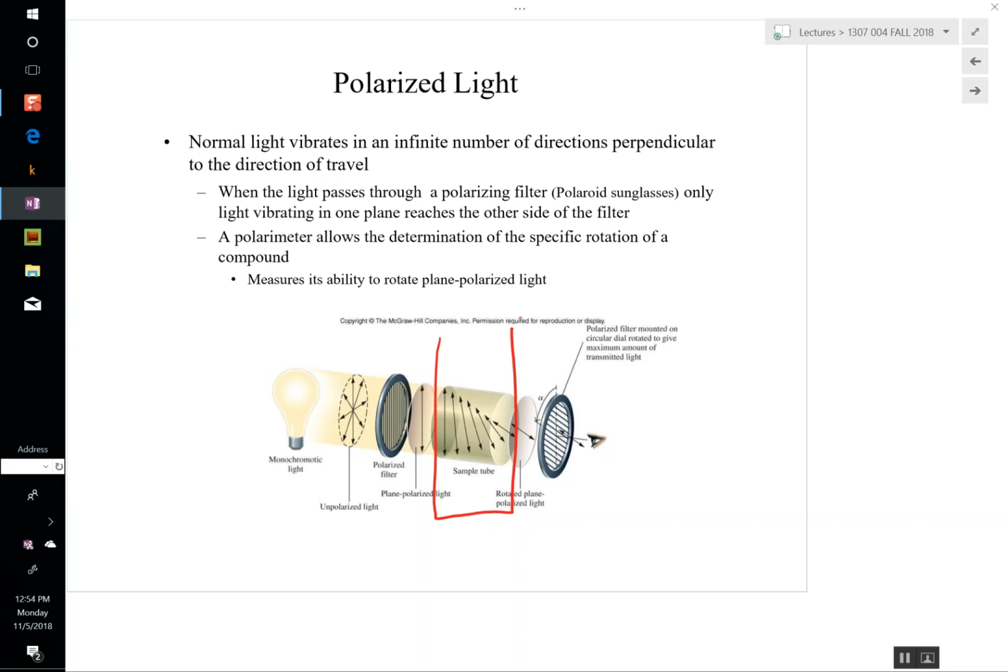It will block it all out except one orientation coming through. And if that light passes through your sample, D will rotate that polarized light in one direction, and L will rotate it in the other direction, and the polarimeter can pick that up and tell you what it is. But that is it. That's not a chemical effect, that's a physical effect, how it is interacting with polarized light.